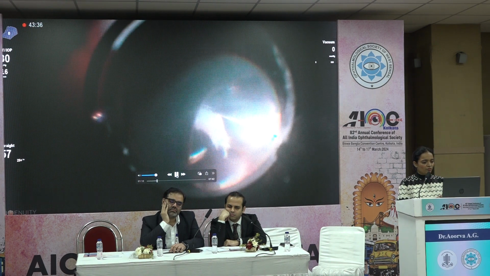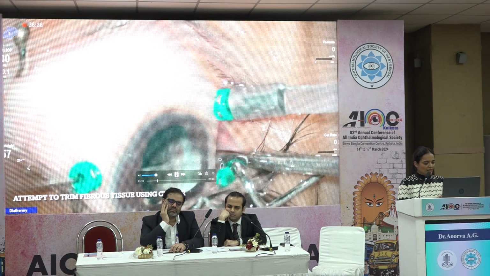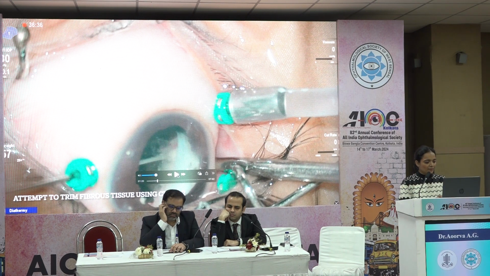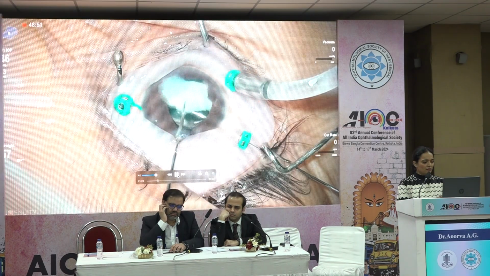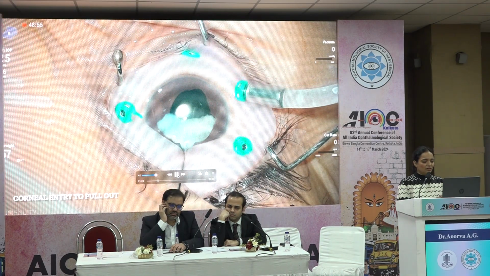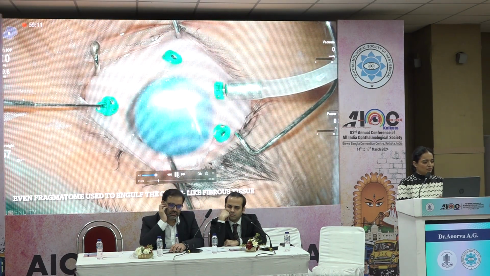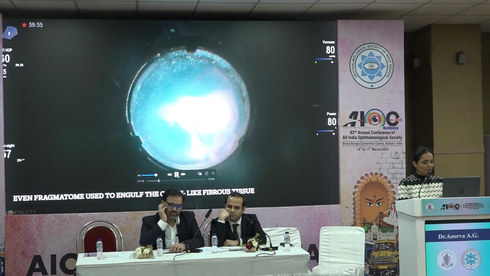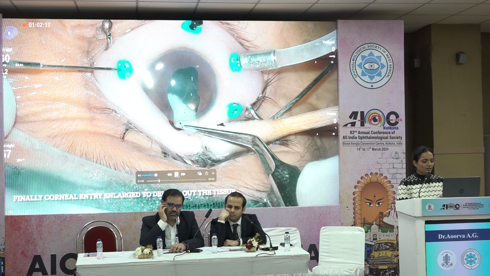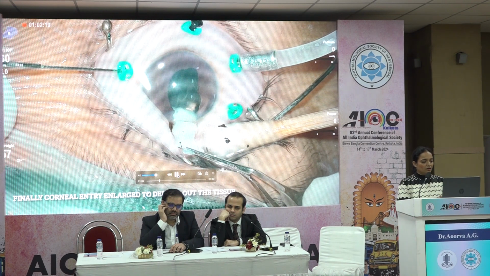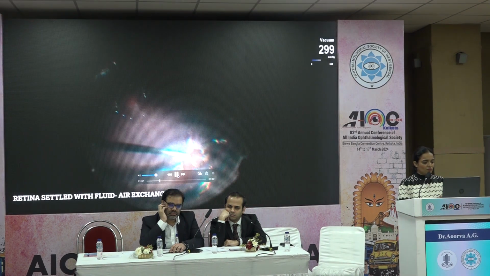This is what I had to do. And then I tried to trim this fibrous tissue using a cutter, which was in vain, because these tissues are very cloth-like. I even went in with a frag. Then I finally delivered it out through a limbal incision. So this was how tough it was to tackle.